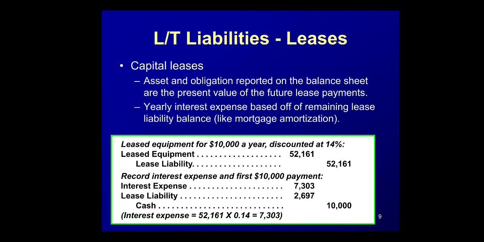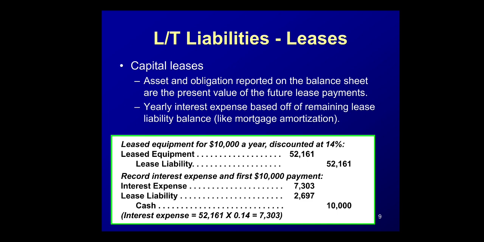Here in this slide, record interest expense and first 10,000 payment. So you have to show the cash out. So credit account cash 10,000, and then you have to calculate the interest expense 7,303, and then the lease liability is 2,697.